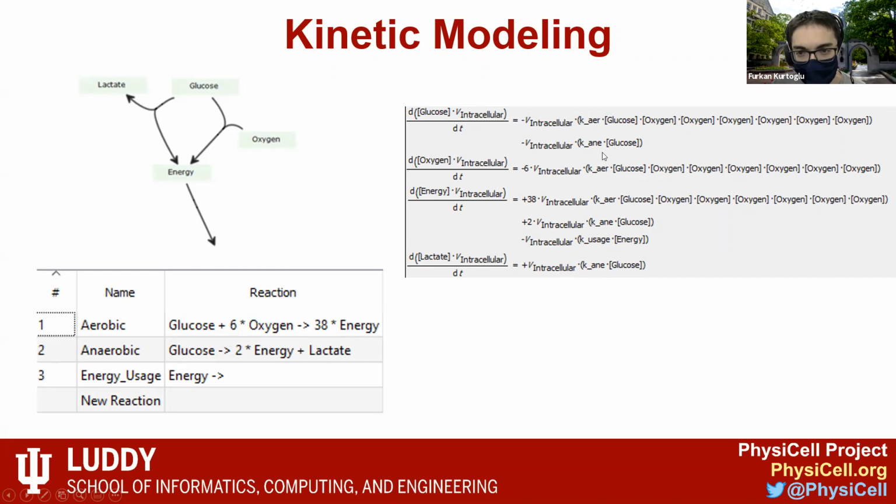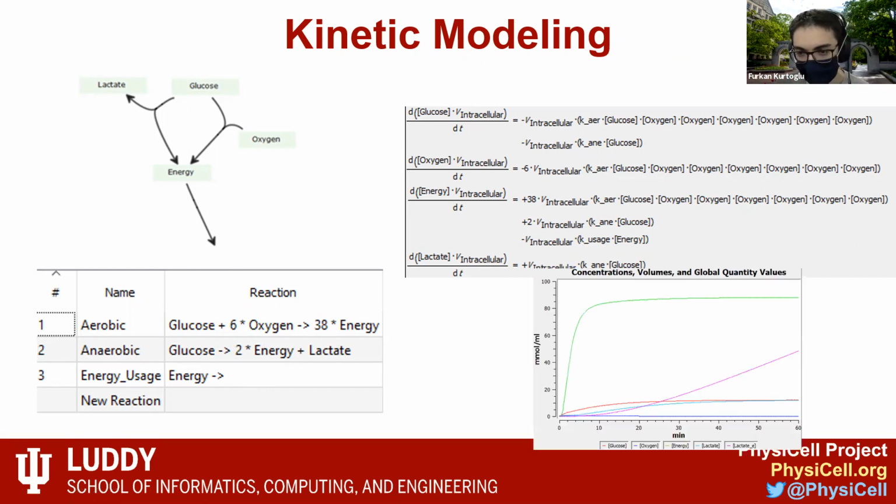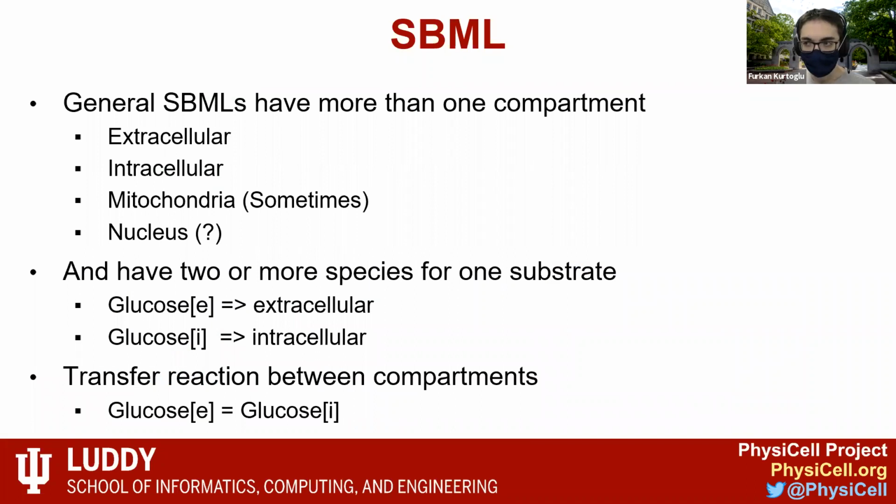It is multiplied by the chemical kinetic constants and the concentration of the substrate. And because those are negative, these are just consuming the substrate. And when we look at the energy, those are creating, and there's an energy use at some rates. So therefore, we are having this kind of temporal-spatial simulation.